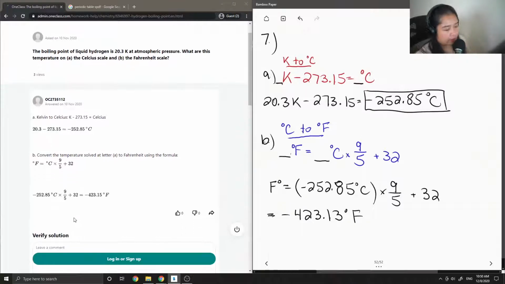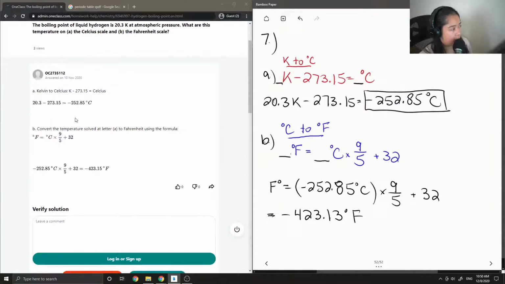Okay, so the junior tutor said, from Kelvin to Celsius, you subtract 273.15, and they got minus 252.85 degrees Celsius. Then for part B, convert the temperature solved at letter A to Fahrenheit using the formula: degrees Fahrenheit is equal to degrees Celsius times 9 over 5 plus 32.